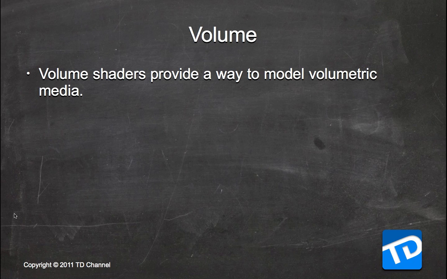And sometimes you need that, especially if you're trying to create a cone of light, God rays or something like that, or dust and smoke. A lot of times the best way to recreate that is with a volume shader. So once again, as RenderMan's job is to give you the tools to recreate reality and create all these amazing special effects, it needs to have a way of rendering volumetric media.